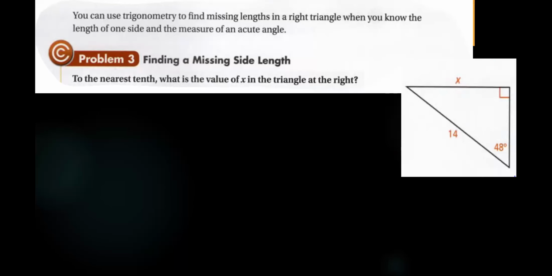That means if you have one angle and the length of one side, you can find the lengths of the other sides.